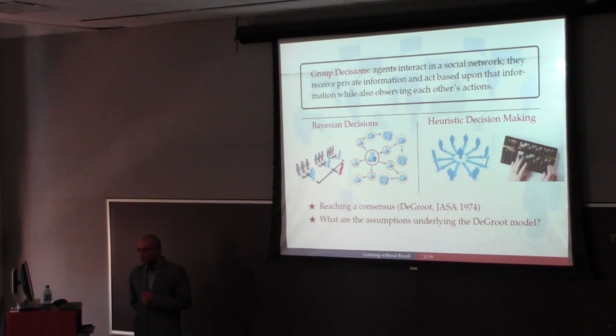And this model has also been analyzed mathematically. A famous work is due to DeGroot in 1974 in the Journal of the American Statistical Association. And there are works before that use this averaging model for analyzing social power, most famously the work by French in the 1950s. And there are many follow-ups.